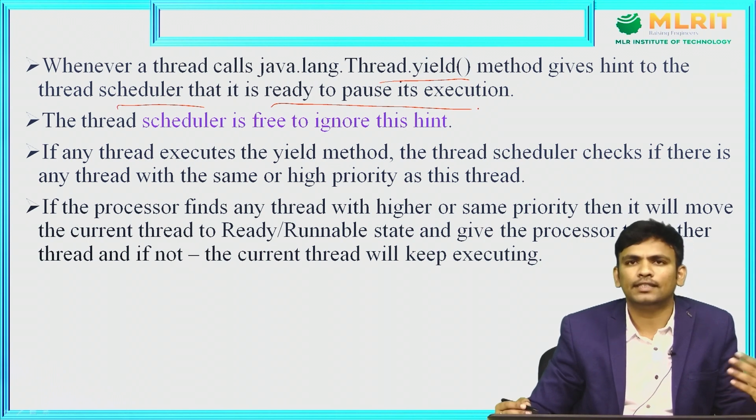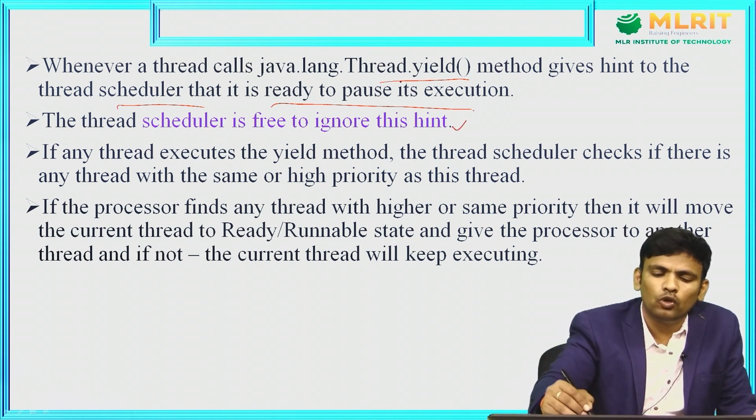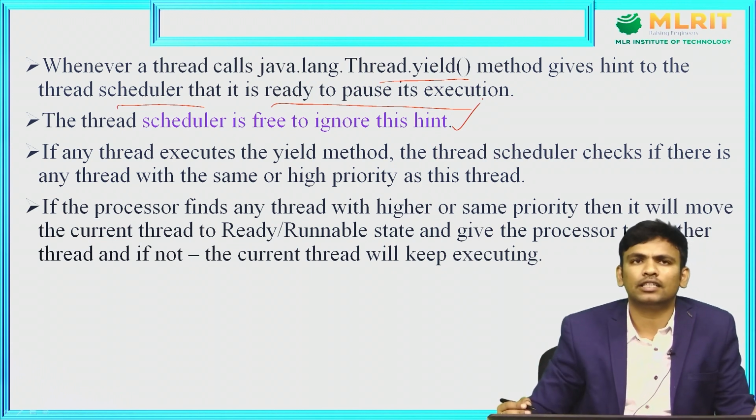If there are any highest priority threads in the waiting state, we are just giving the hint. This hint may be considered by the thread scheduler, and sometimes it may be ignored.